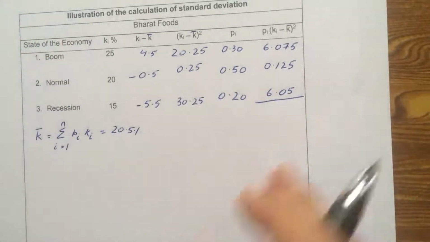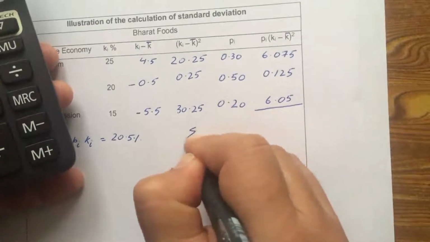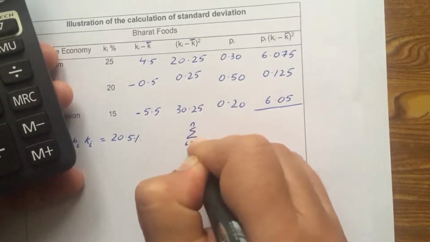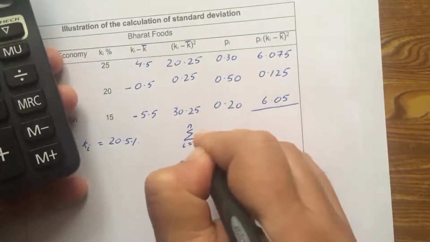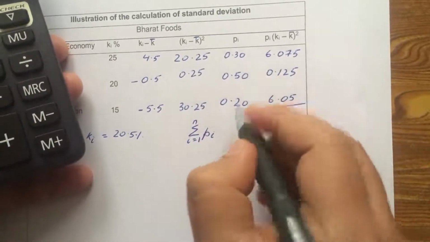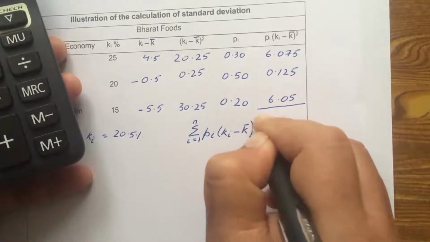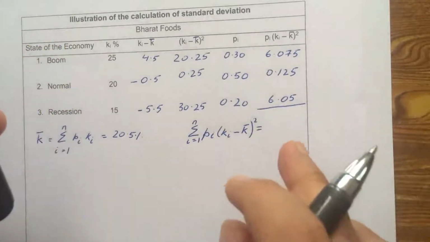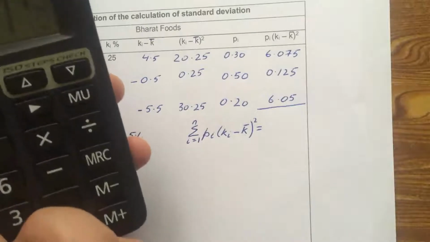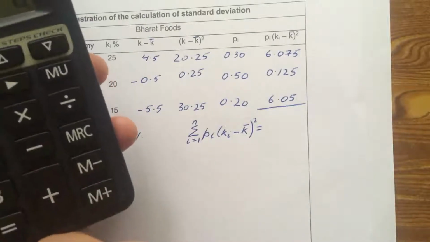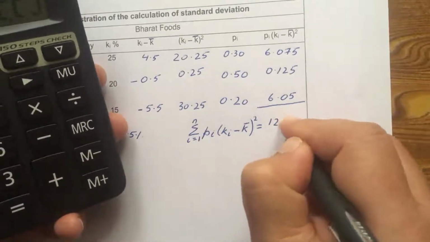Take the sum of this. Remember, we have to find out the summation of Pi into (Ki minus K bar) square. So what is the summation of that? 12.25.